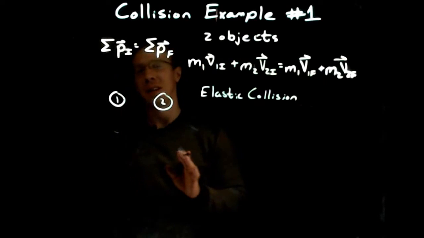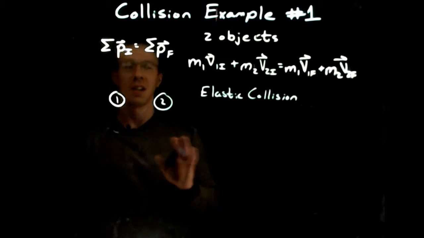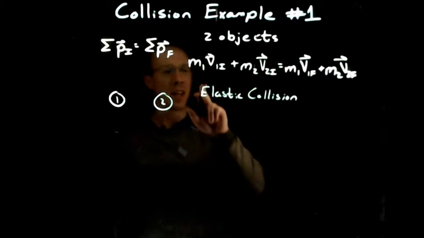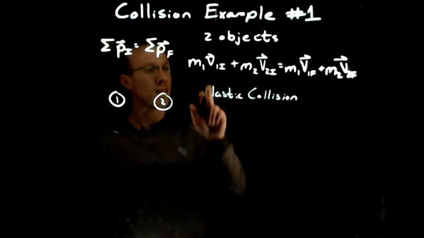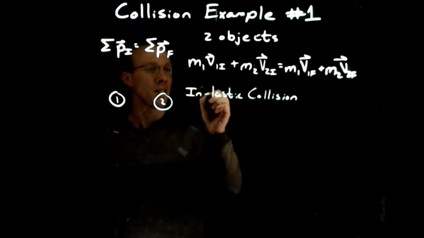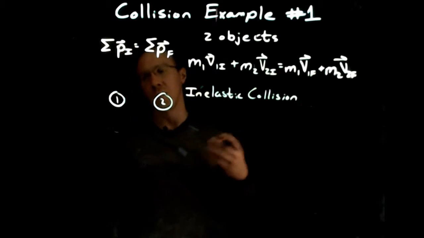The problem is when you're just making up random numbers to put in, you're not exactly sure if both are going to work out. That might be a little hard to understand. So a lot of times in class, instead of talking about elastic collisions, we will just call it an inelastic collision, because in an inelastic collision, you only have conservation of momentum.